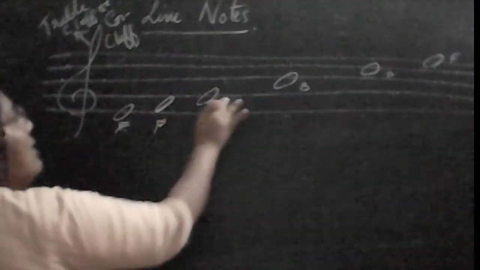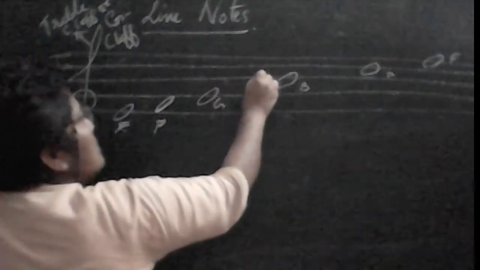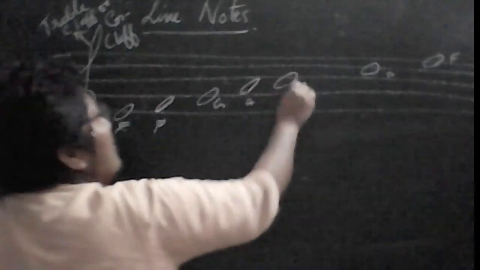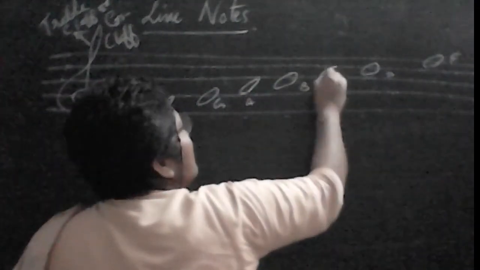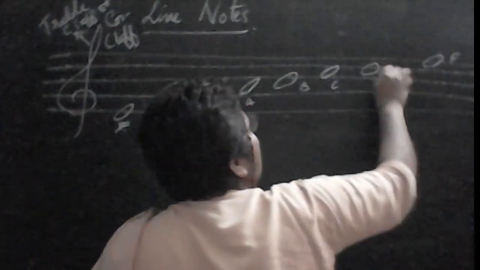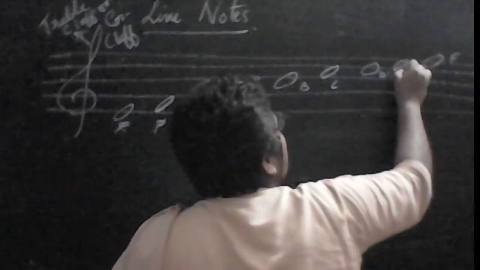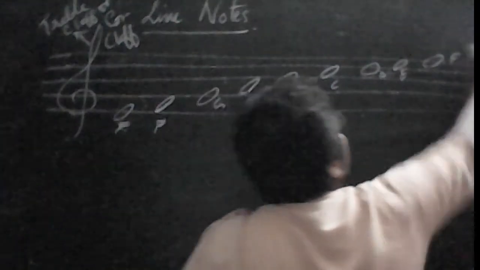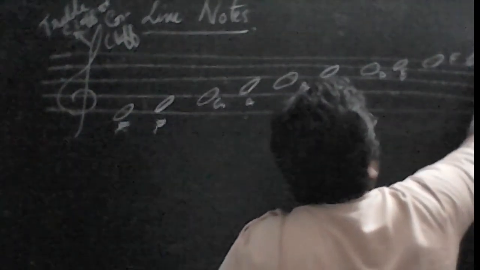F. And then comes G. Then comes the space note A. Then comes the line note B, then the space note C, then the line note D, and the space note E. And it goes like that. The line note F, space note G, it goes like that. So this is the order.